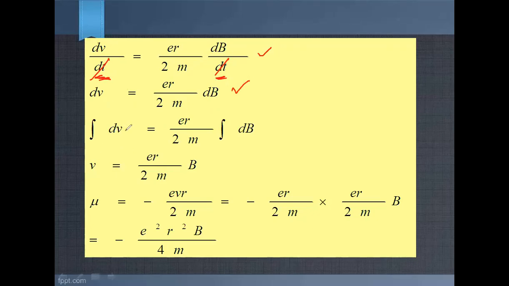Now we have to apply integration on both sides. Note down all the steps: integration is compulsory in the long answer question. Every year this question is compulsory. Apply integration on both sides.